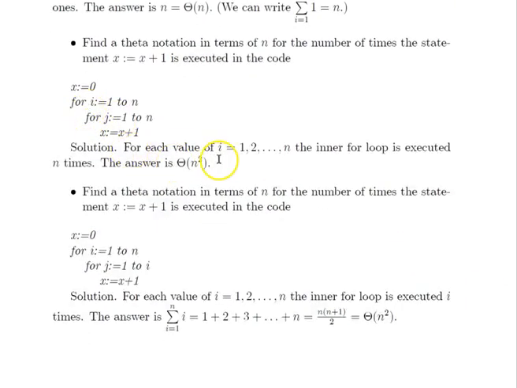For each value of i, starting from 1 and continuing up to n, the inner loop is executed n times for each value of j from 1 to n. So the answer is the function is n squared, and its theta notation is, of course, theta of n squared.